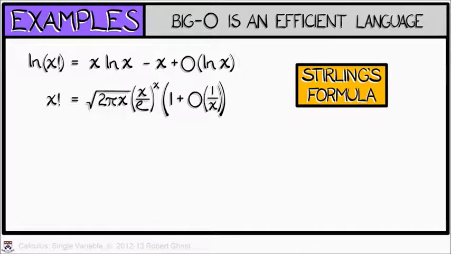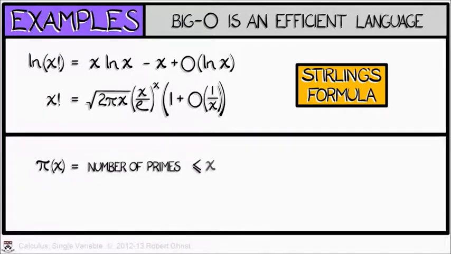Now, you don't need to memorize either of these. They're wonderfully useful in probability, in combinatorics, in lots of areas. But what I want you to see is that the appropriate language for expressing how fast x factorial grows as x goes to infinity is big O.